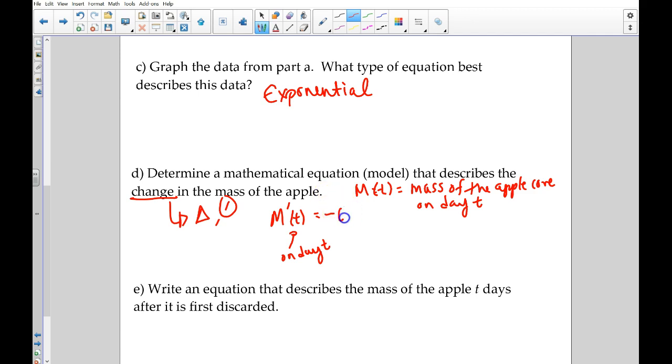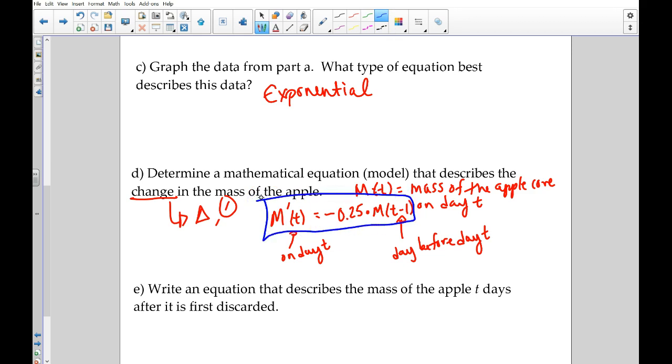It decreases by 25% of the mass of the apple from the previous day. So the t minus 1 is the day before day t. So this here is the equation that I want.